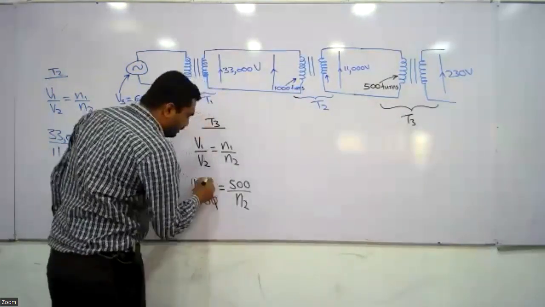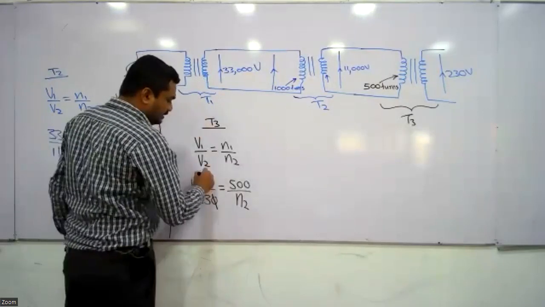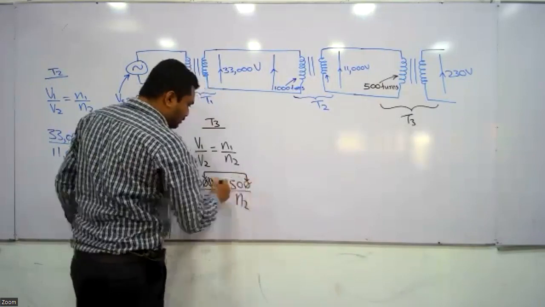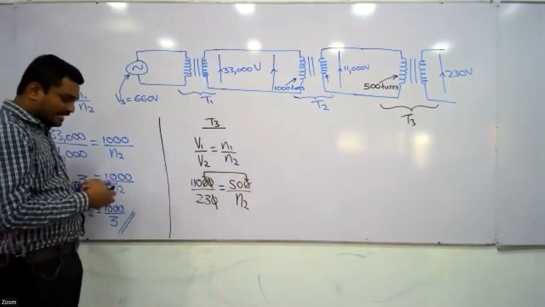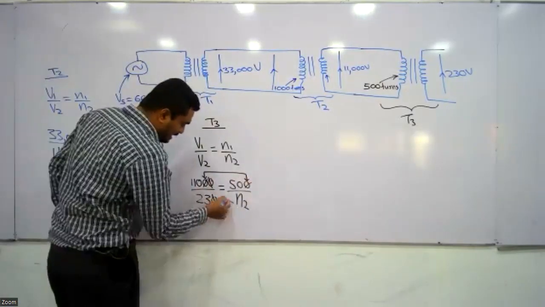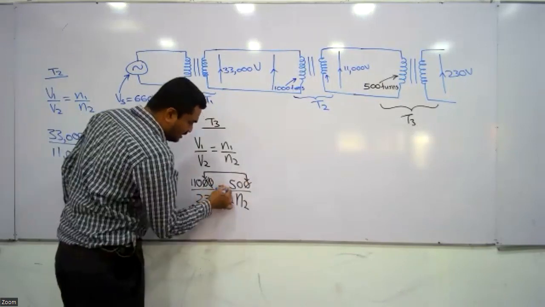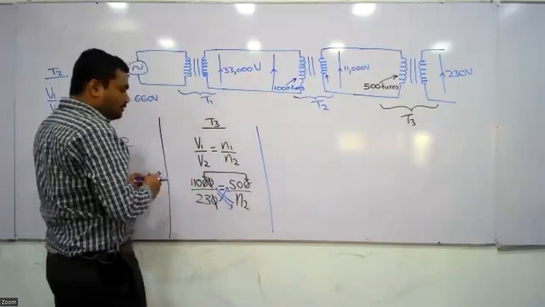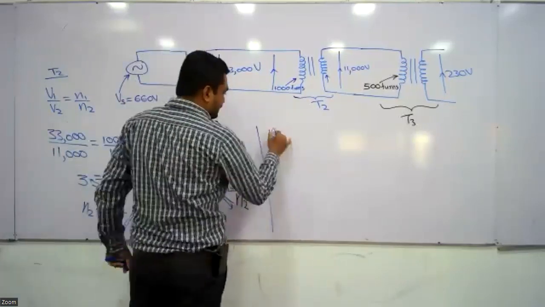We can cancel out the two zeros, and we can cancel out these two zeros also. After that, let's use cross multiplication. So what is N2 then?